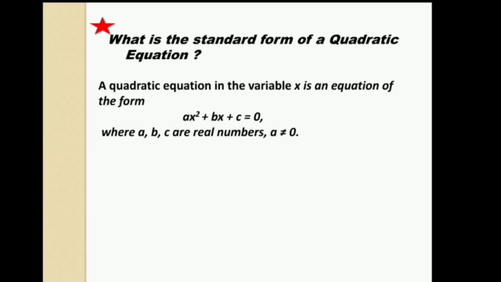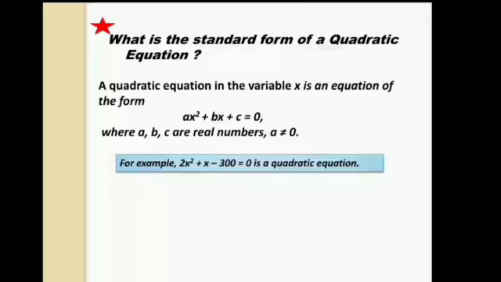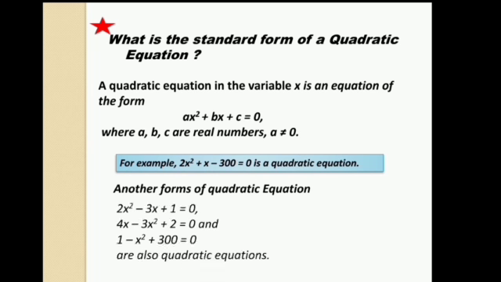So this is the specific condition for a quadratic equation. For example, 2x square plus x minus 300 equals 0 is a quadratic equation. Other forms are 2x square minus 3x plus 1 equals 0, 4x minus 3x square plus 2 equals 0, 1 minus x square plus 300 equals 0.